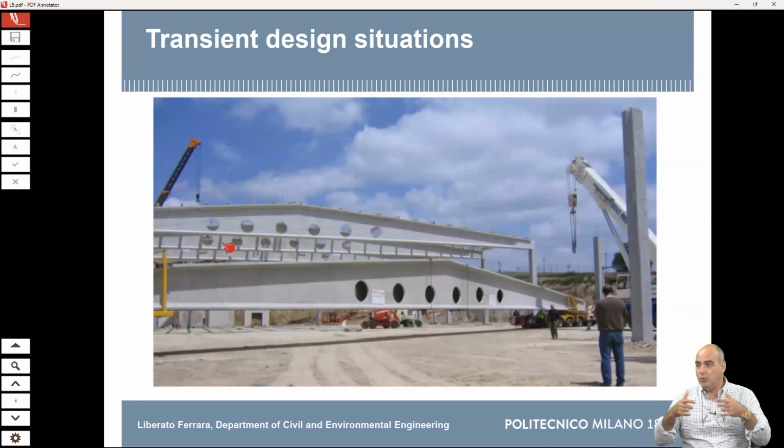So when you complete the building, this lateral deformation and torsion will be prevented, or at least can occur over a span which is much shorter than the full span of the beam. So the most critical situation for this kind of structure will be exactly during the transient design stages of transportation, handling, and erection.